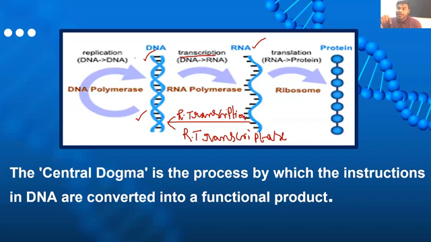Till today, the research is in progress: is there really any mechanism inside our cell by which protein can give rise to RNA, and protein can give rise to the DNA? If it really comes into the picture, it will be a remarkable achievement in the biological field, but the research is still in progress. Whether that kind of mechanism really exists in the cell or not, we don't know.